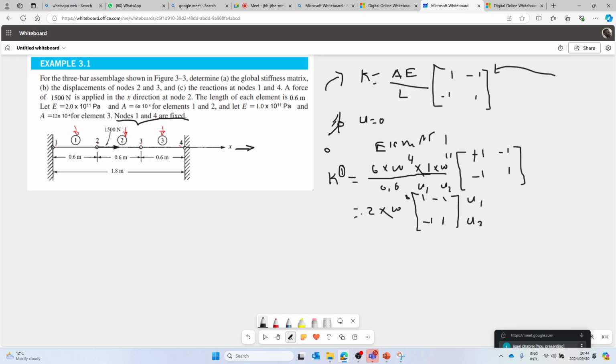Now remember, we are having 4 by 4 matrices. How do we know that? It is because the number of nodes gives us the size of the matrices. So for K1, you have to expand it to a matrix of 4 by 4. That is what you need to do.